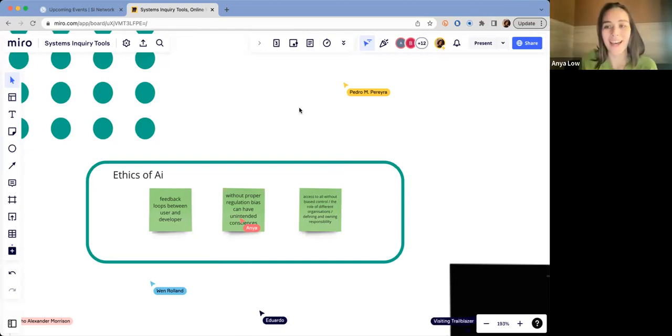Then we were looking into the ethics of it and thinking about how the exchange needs more regulation so it doesn't lead to unintended consequences, and also regulating the biases from the developing point of view.